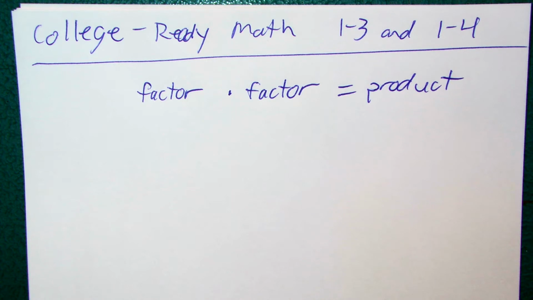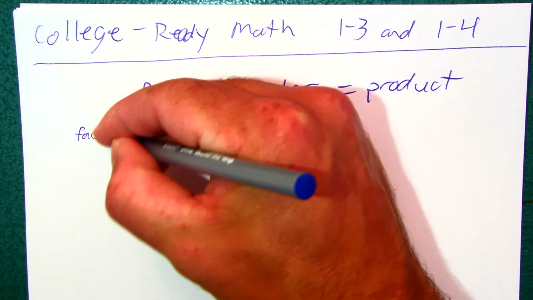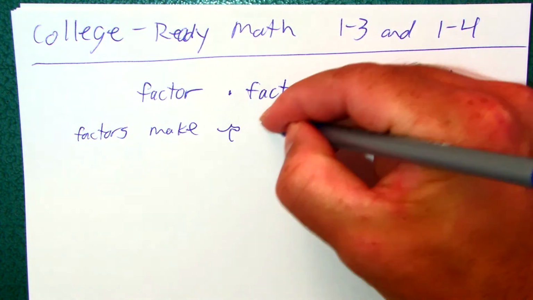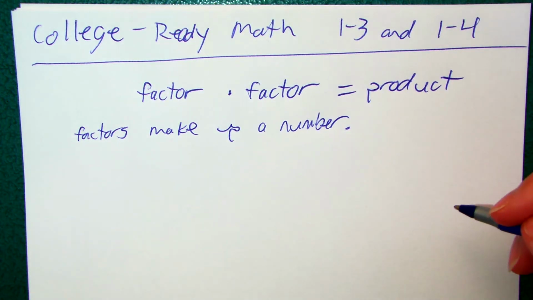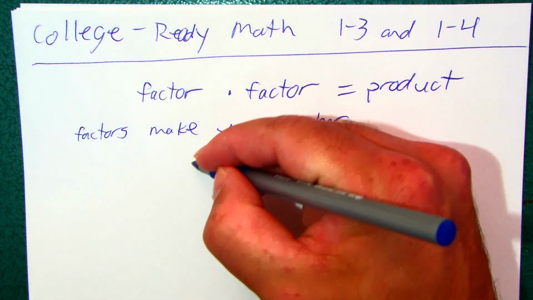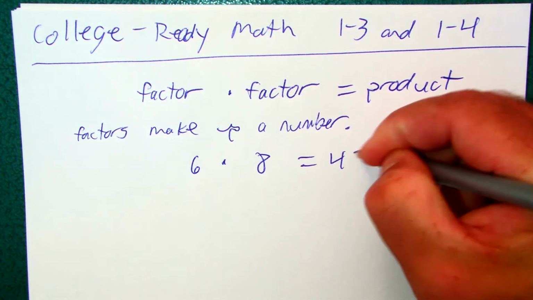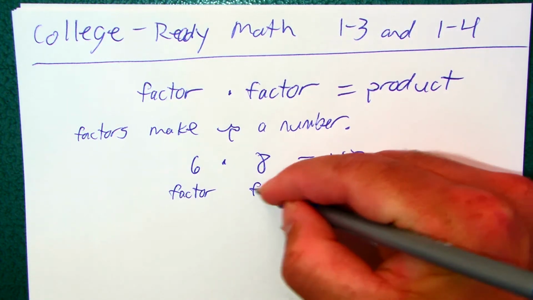Factors are parts of another number. So we could say that 6 times 8 equals 48. 6 is a factor. 8 is also a factor.